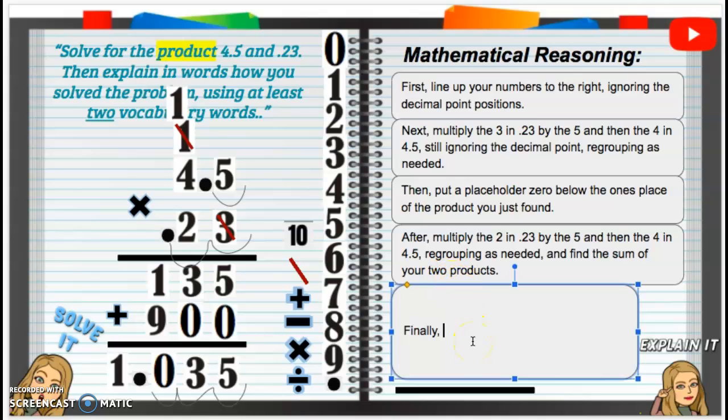Yep, perfect. All right, finally. Well, finally we counted those decimal points, right?